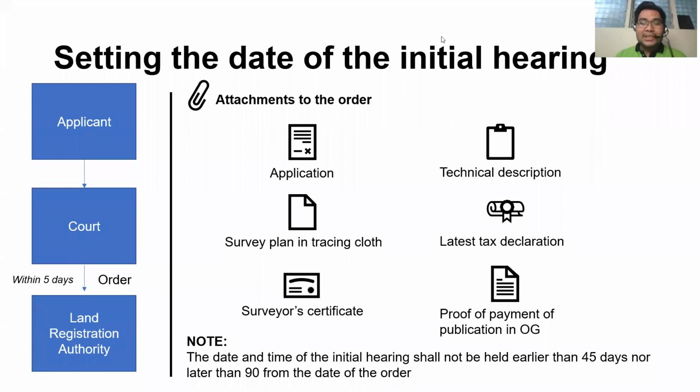This court order shall be sent to the Land Registration Authority together with the following: application, duplicate copy; survey plan in tracing cloth, original or certified copy; technical description, original duplicate copy; surveyor's certificate; latest tax declaration; and proof of payment of publication in the official gazette. Note that the date and time of the initial hearing shall not be held earlier than 45 days nor later than 90 days from the date of the order.